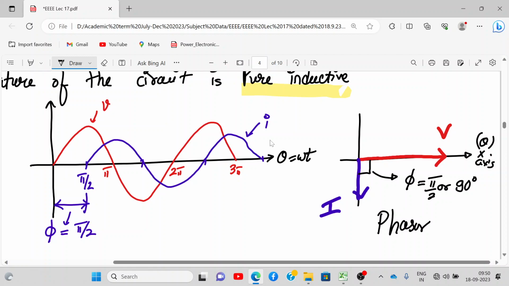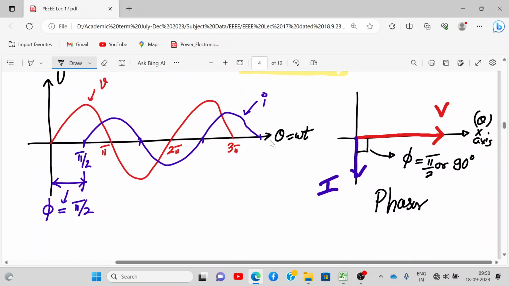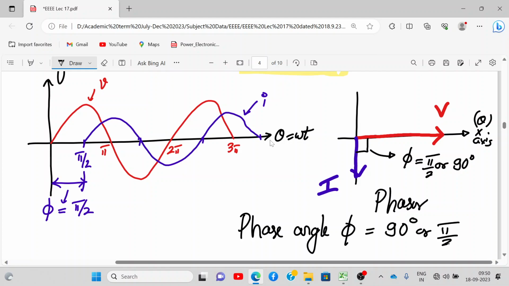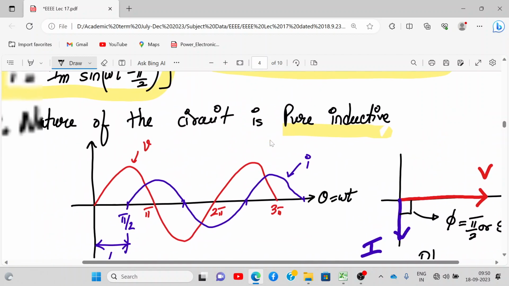Got it? So we can say the phase angle phi is equal to 90 degrees or pi by 2. Got it? Are you following?